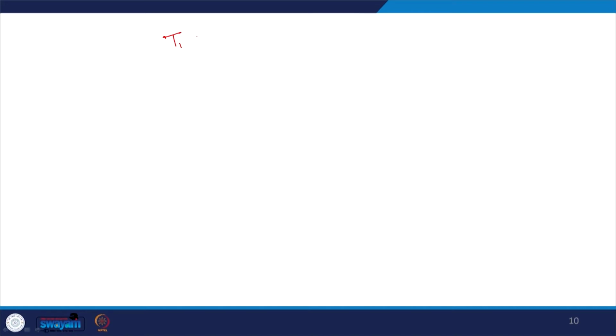Now here T1 is equal to 37 plus 273.15, which is equal to 310.15 Kelvin, and T2 is equal to 10 plus 273.15, this is equal to 283.15 Kelvin.